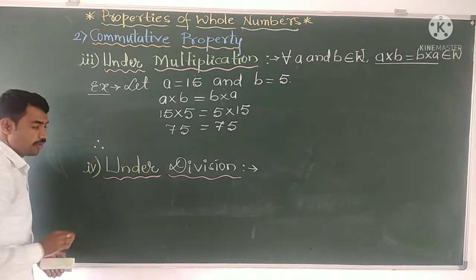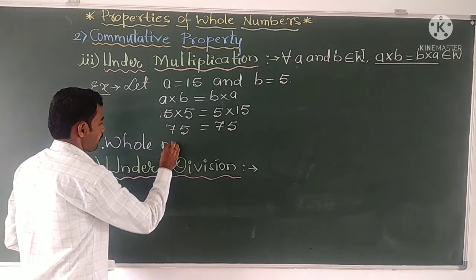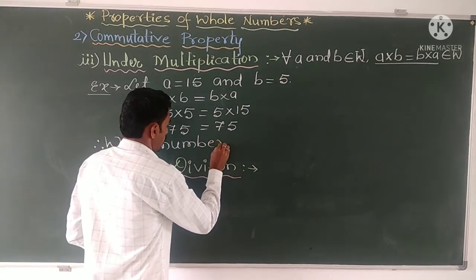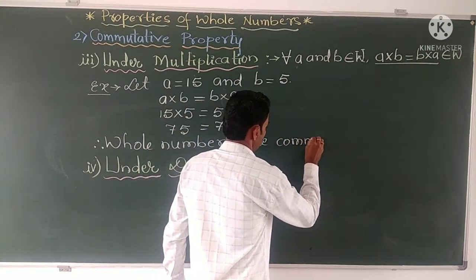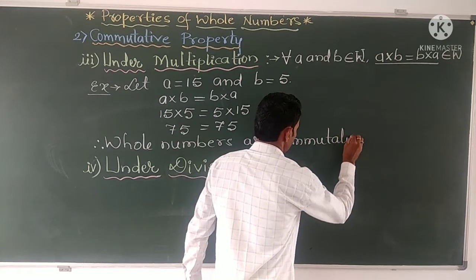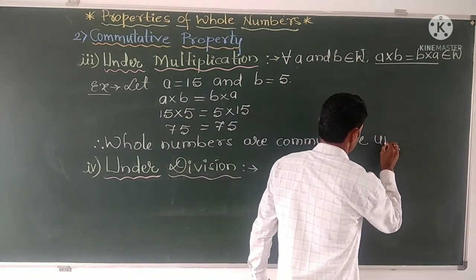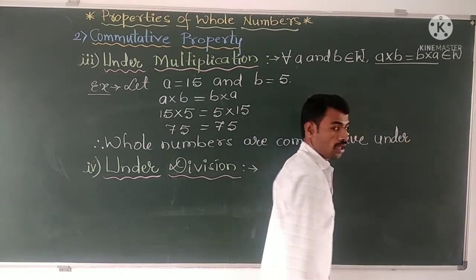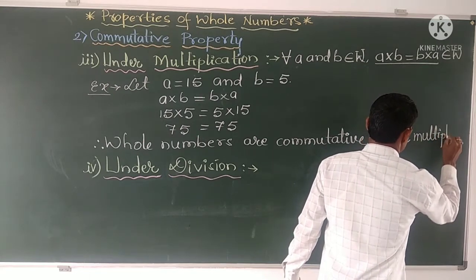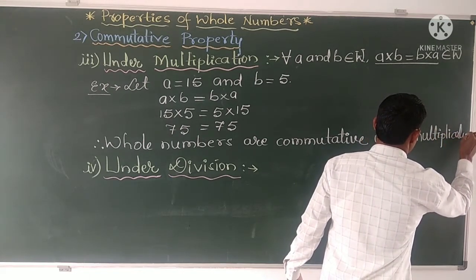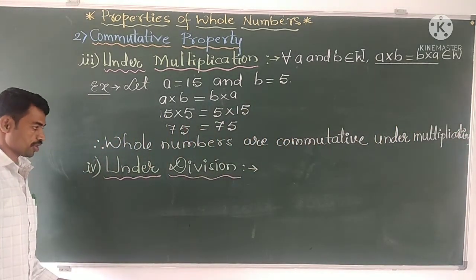So finally, what conclusion do we give? Whole numbers are commutative under multiplication.